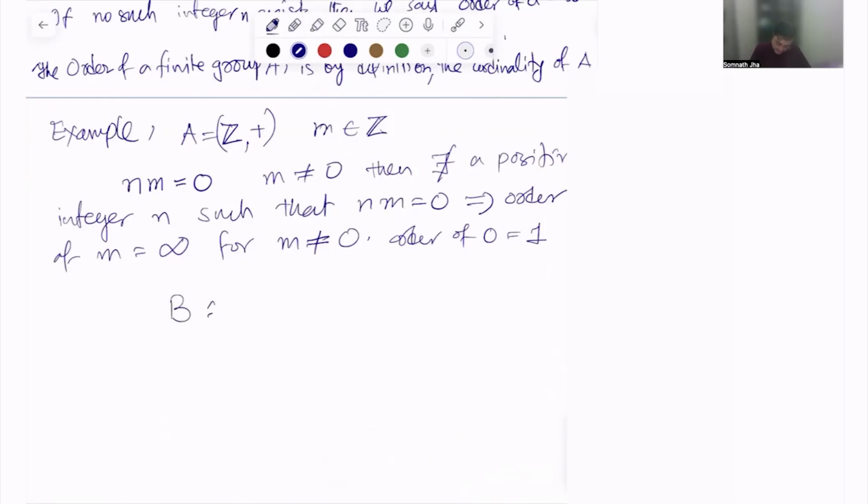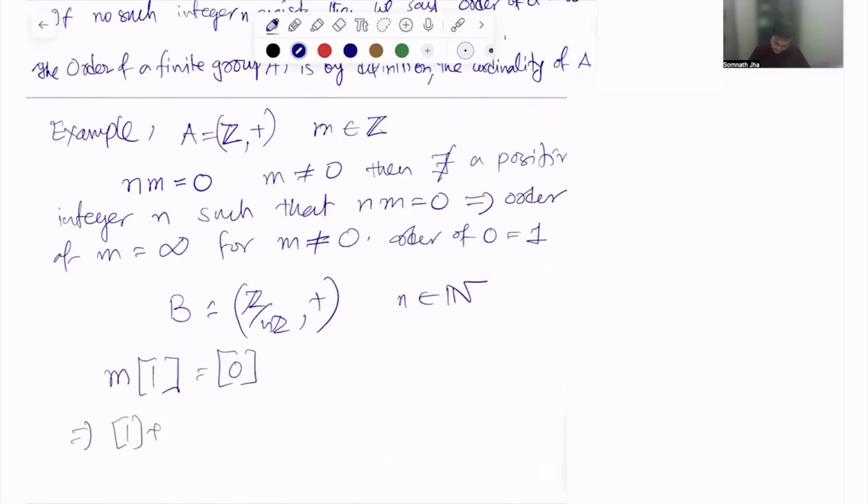On the other hand, let's say another example. Let's say B equal to Z mod nZ, plus, where n is some integer. Then what is the order of the element 1? If you multiply, it has to be the class of 0. So let's say m times 1 equals 0. That means 1 plus 1 plus 1, m times, is equal to 0.